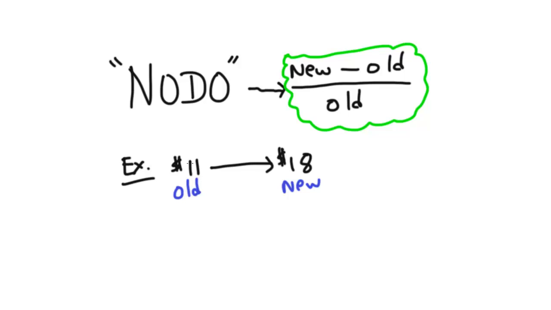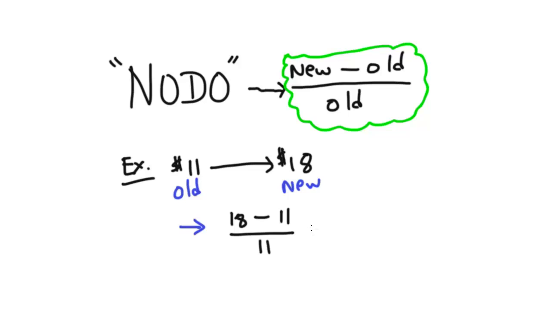So the $11 is the old amount and the $18 is the new amount. So we'll plug this in. We'll have the new, which is 18, minus the old, which is 11, divided by the old.